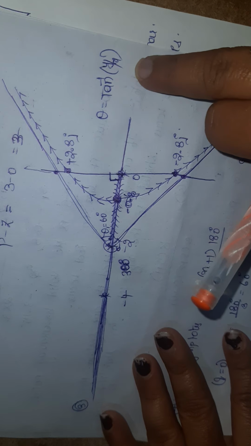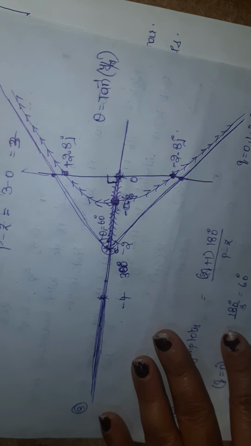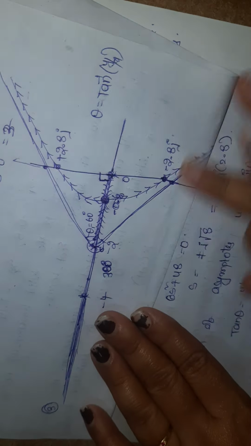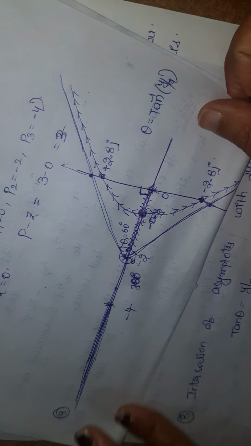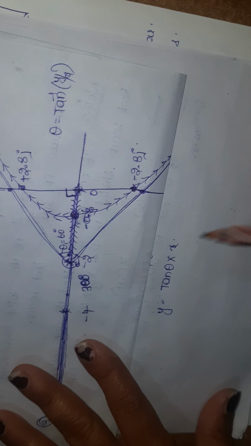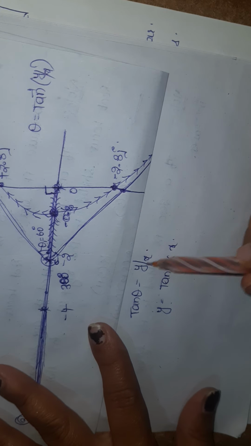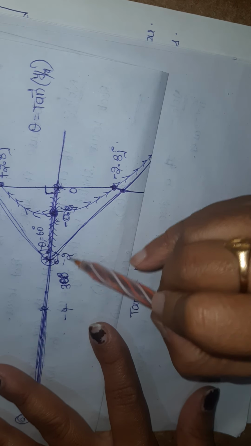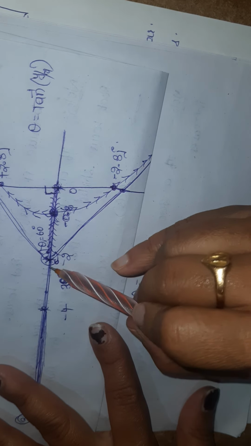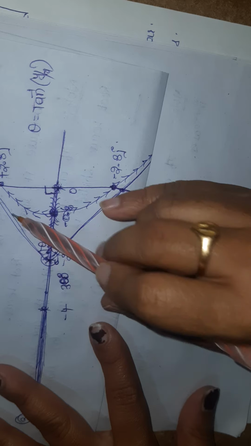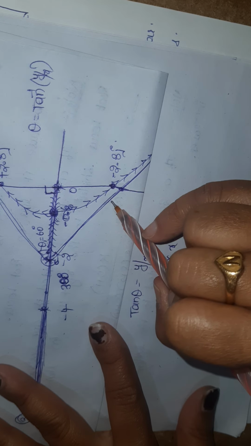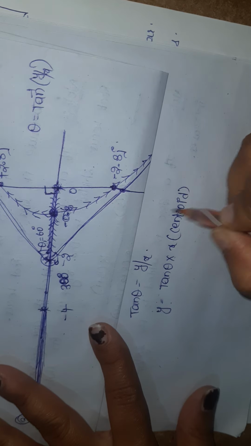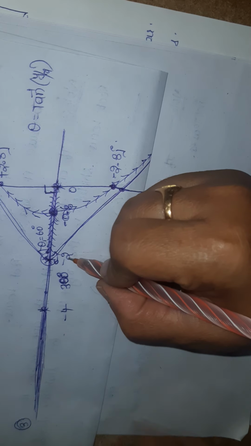So y is equal to tan theta into x. You can consider x as the centroid because the asymptotes emerge from the centroid. Simply, the distance between the origin and the centroid is 2.